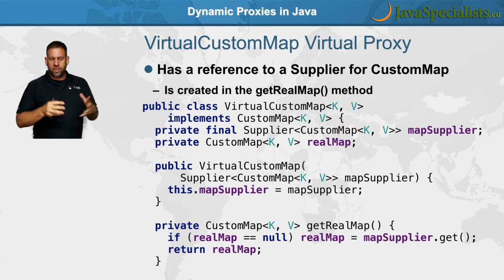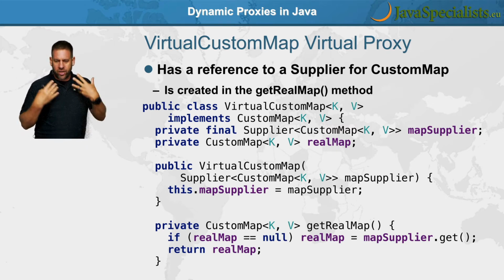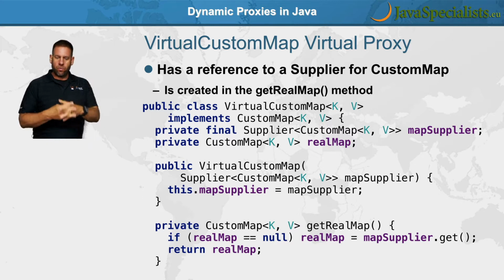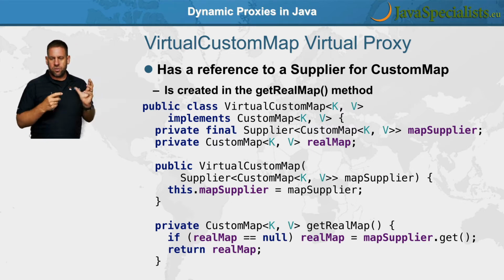Now, we also are going to do a virtual custom map. This is a virtual proxy which creates the real custom map when it's used for the first time. So when I construct a virtual custom map, I pass in a supplier, and the supplier is used to create a custom map. So I pass in a supplier that's stored inside a final field.